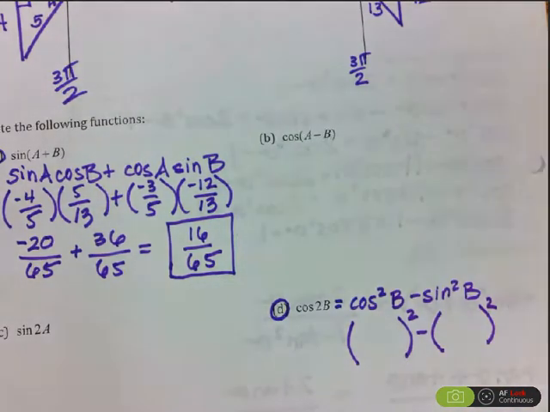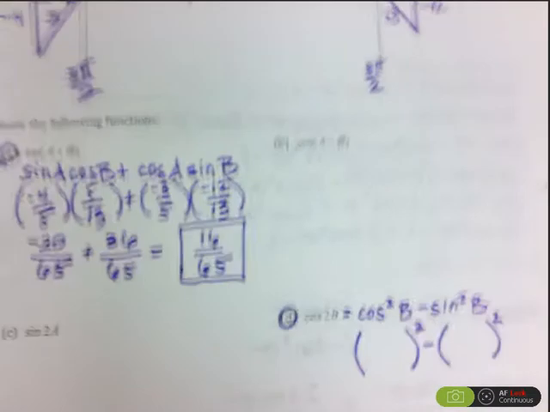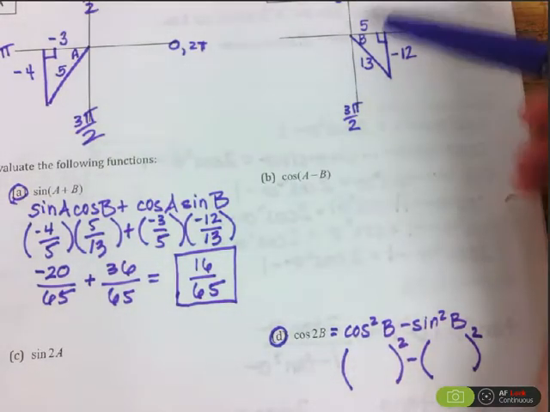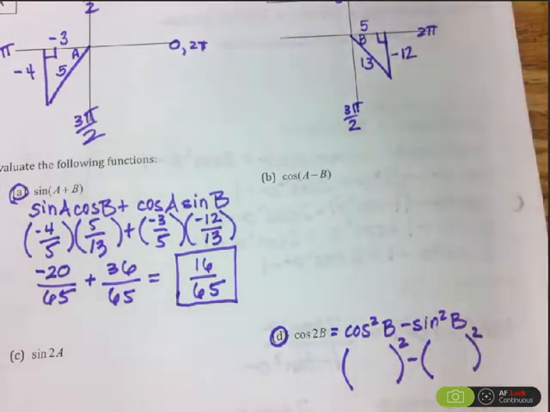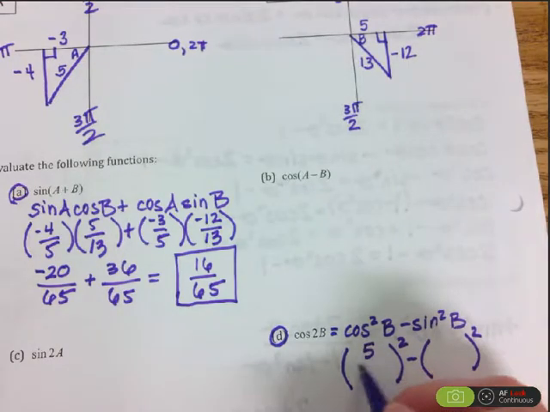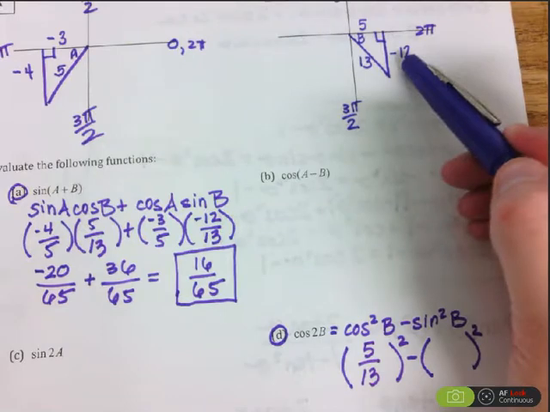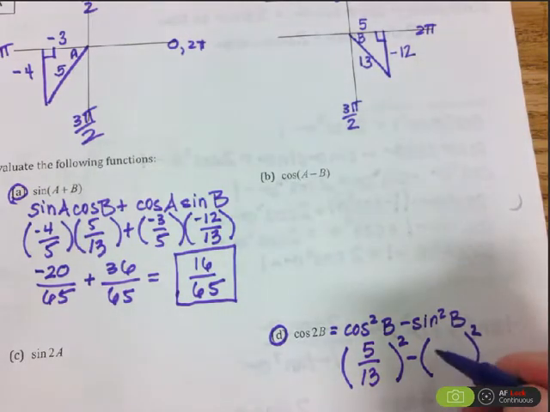Now, let's look back up here at your b. The cosine of b is adjacent over hypotenuse. And the sine of b is opposite over hypotenuse.